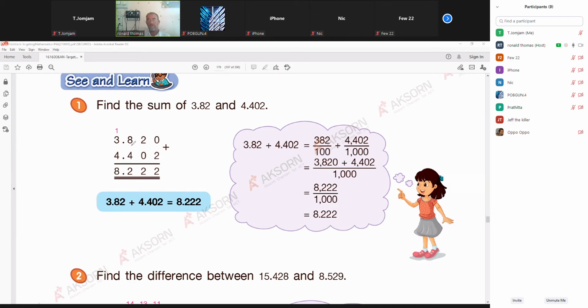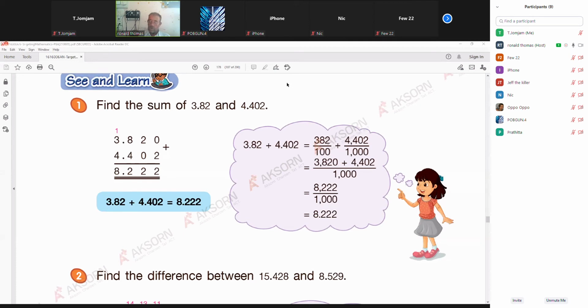If there are 3 numbers after the decimal point, there will be 3 numbers after the decimal. Remember your decimal point. 1, 2, 3 numbers. Remember when you're adding or multiplying.